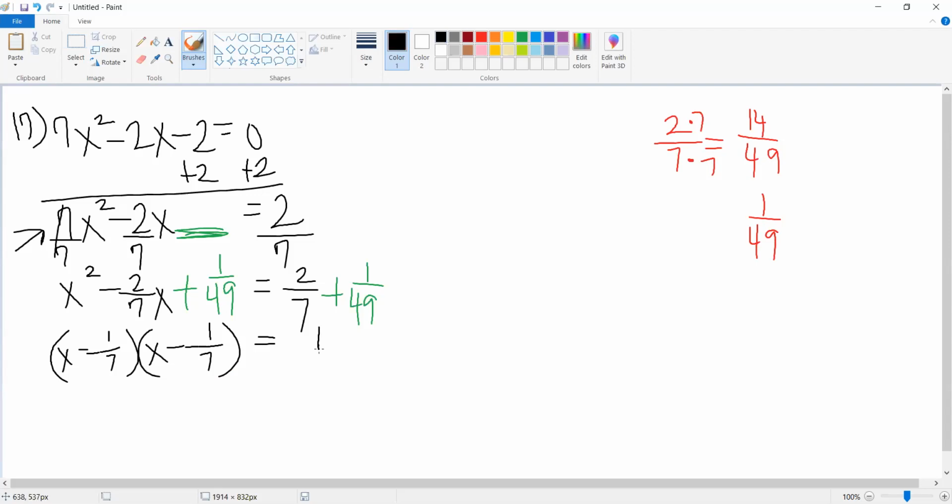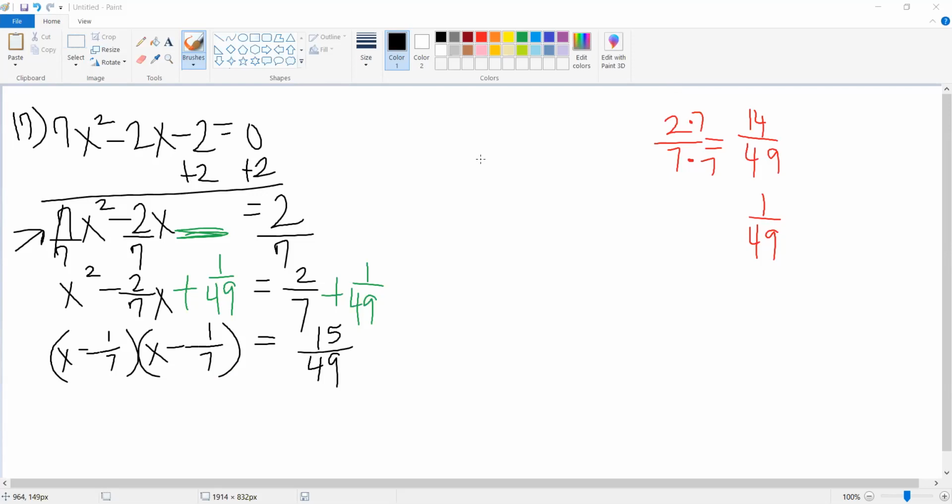So the right-hand side is 15 over 49. Any questions so far? Okay.